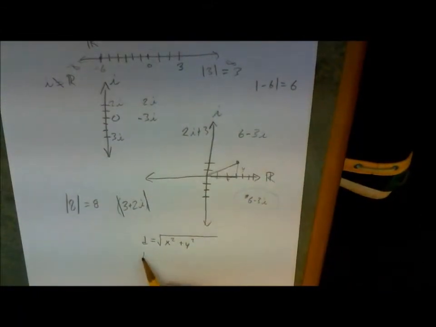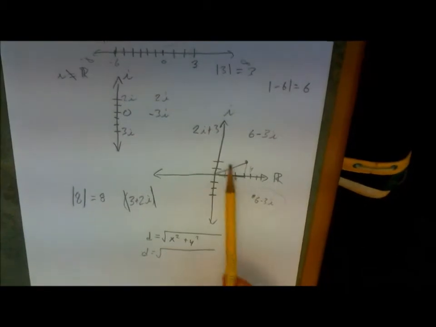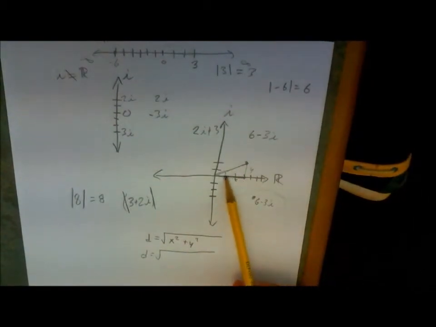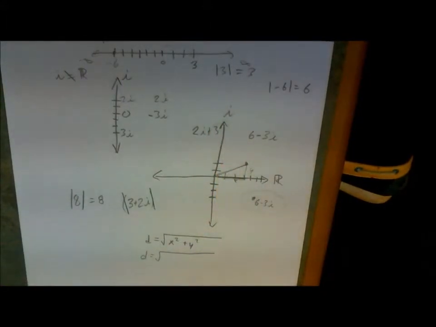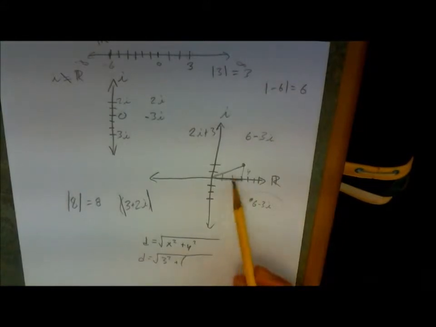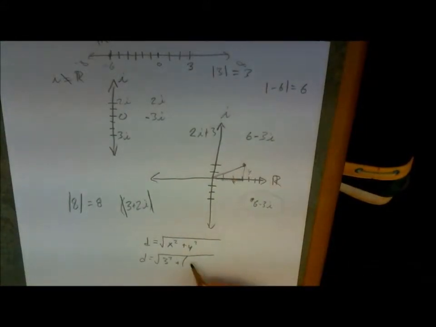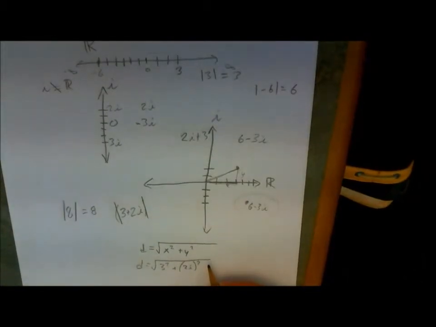Let's say in this example, x right here would be the real number line, so that would be the 3. So you'd have 3 squared plus, and y would be the imaginary number line, so we have 2i squared equals d.